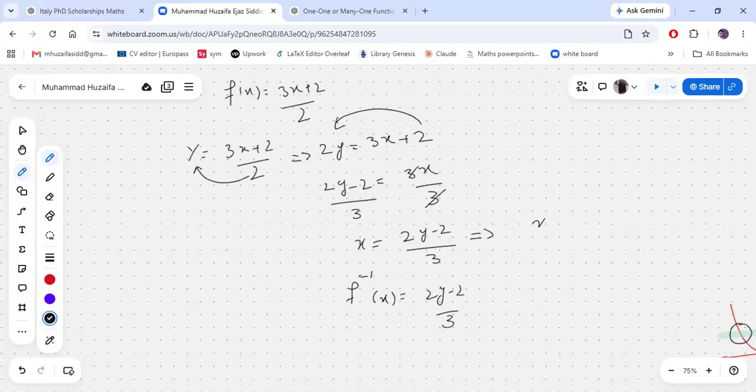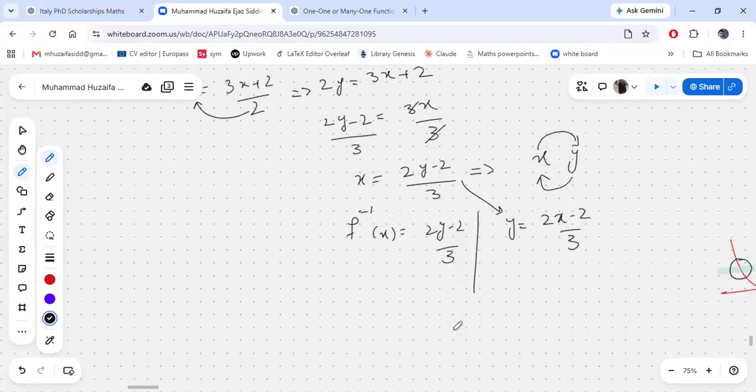The replacing technique is: replace x with y and y with x. So this function is like this. Do you understand how I'm making this type of function? So this is the inverse of that function.